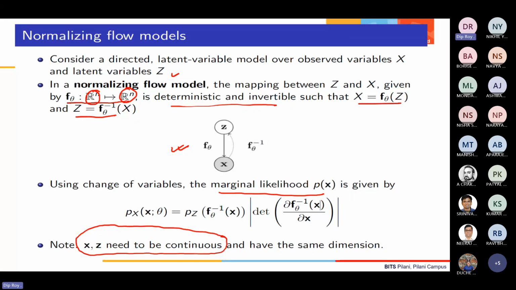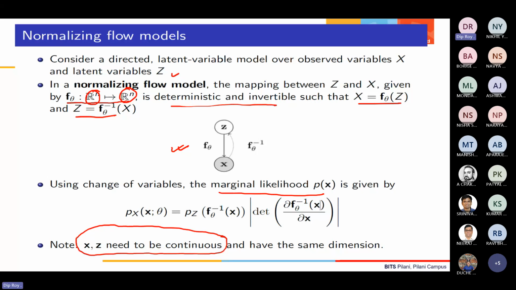The good thing that you should take from this slide is that likelihood is tractable in this case. The limitation is that X and Z are continuous, and obviously X and Z have the same dimension.